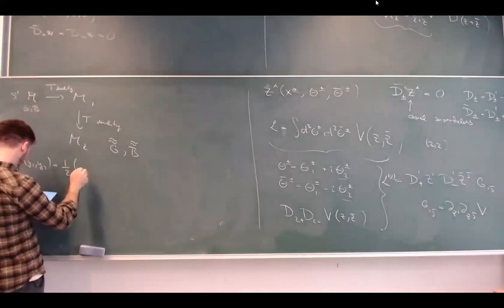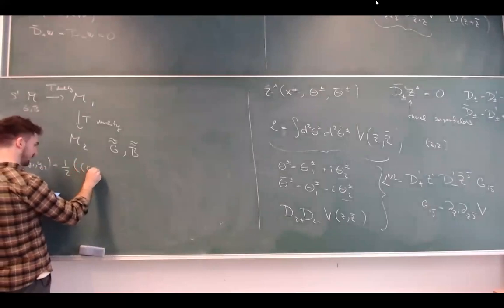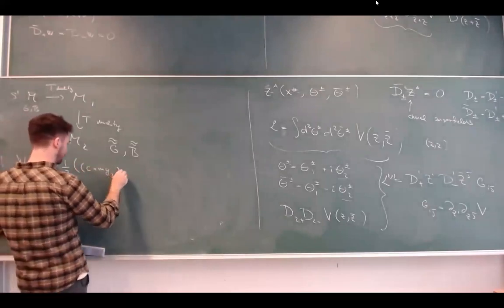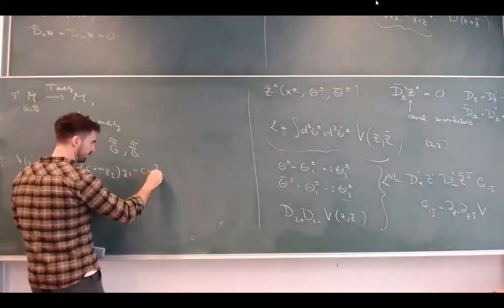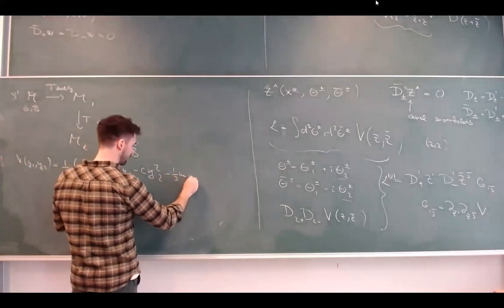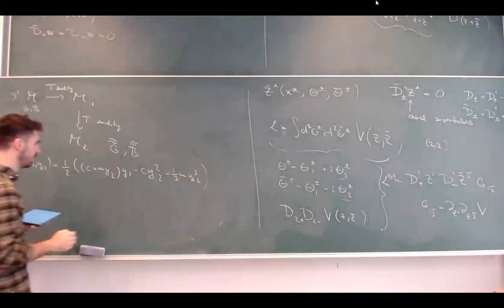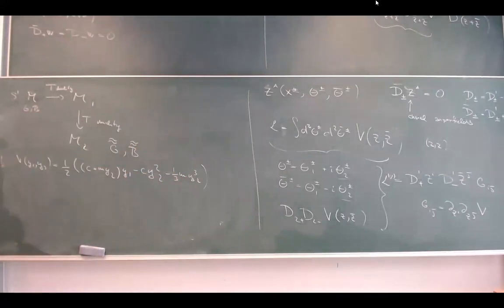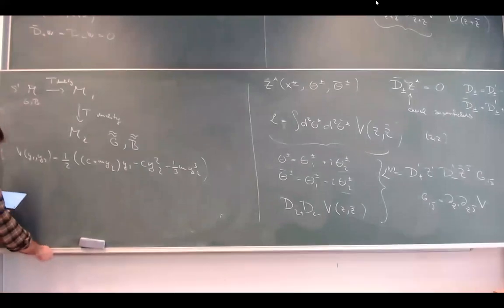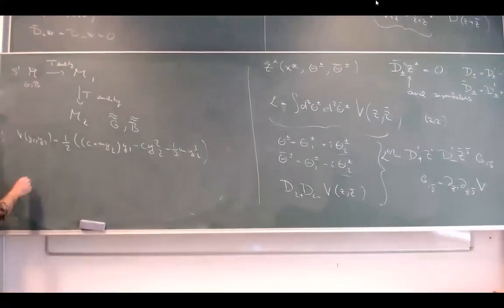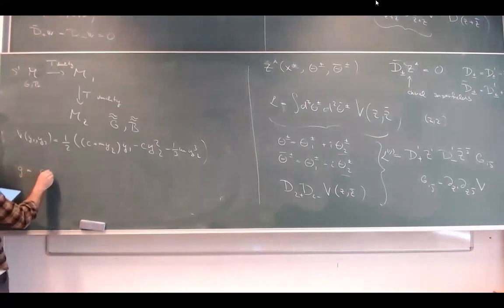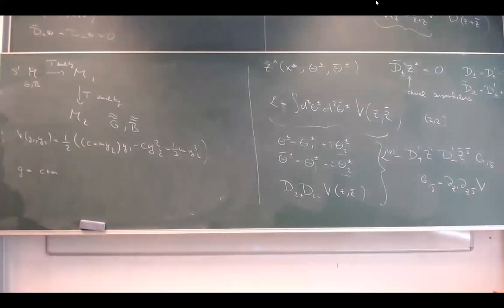So this is a Kähler potential, and if I derive what G is in this case, it gives a non-degenerate metric.